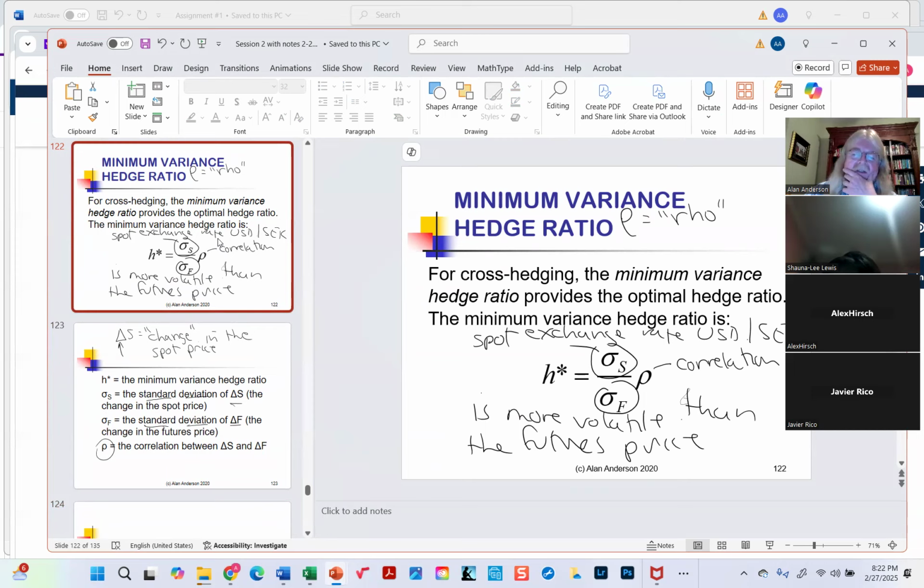So what this ratio is telling us is that in the numerator, you have the standard deviation of risk of the kroner itself. And in the denominator, we have the risk of the futures contract or futures price itself. And then we multiply that by the correlation between the dollar and the kroner. So that number, whatever it is, will tell us how many contracts we need to buy relative to the size of our exposure.